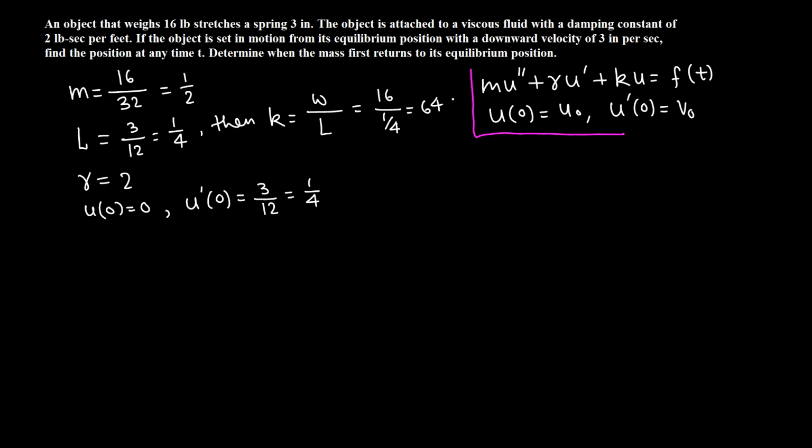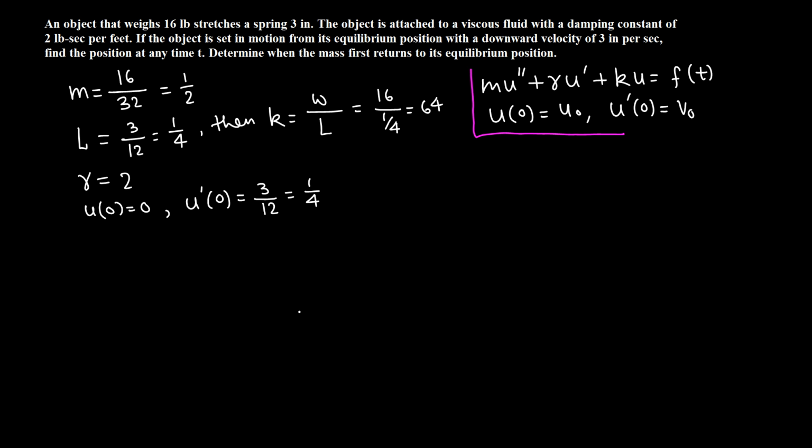Now we plug in m, gamma, k here, and f(t) is 0, by the way. There is no mention of external forces, so f(t) is 0, so we don't worry about that part. And we have these initial conditions, so we set up an ordinary differential equation. Then we solve by finding the characteristic equation, solving for r.